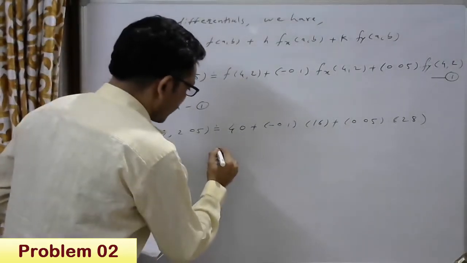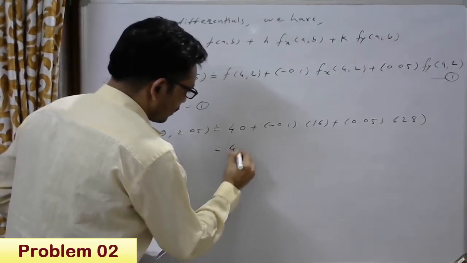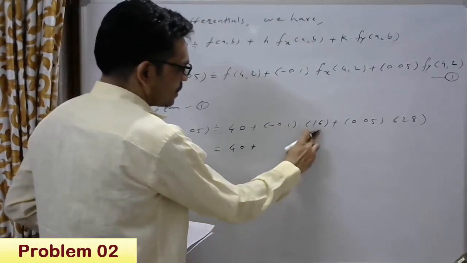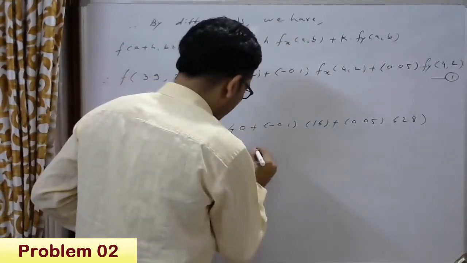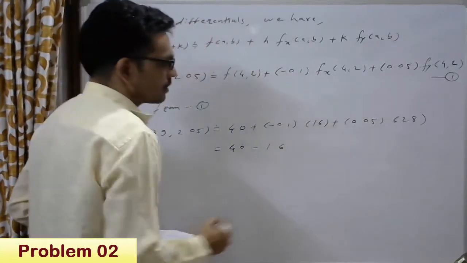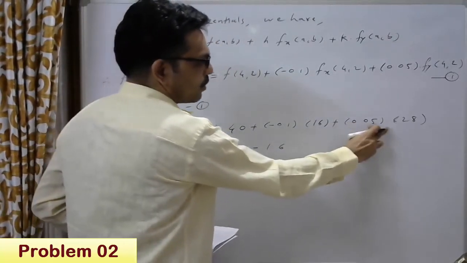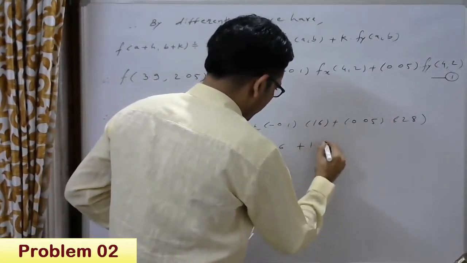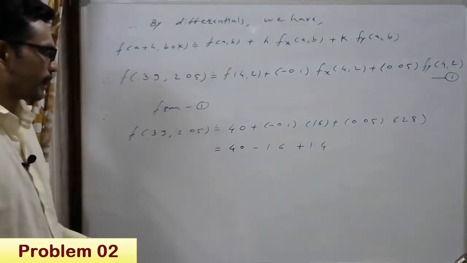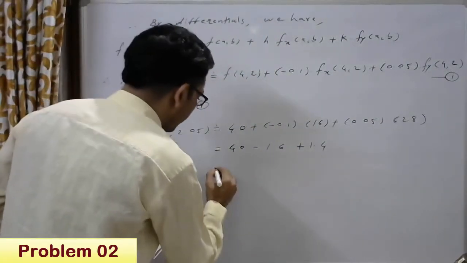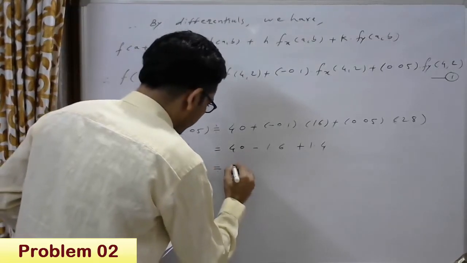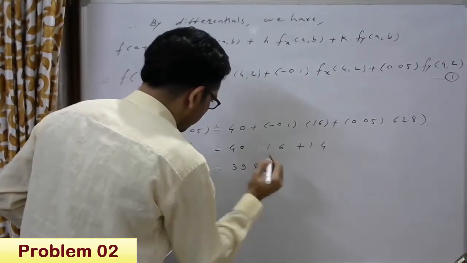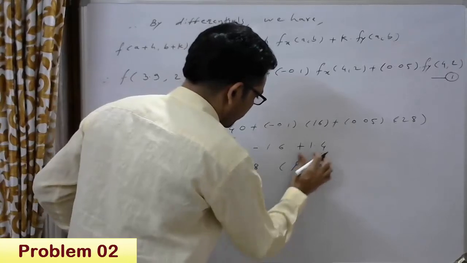Then this is approximately equal to 40 plus minus 0.1 into 16, which is minus 1.6, plus 0.05 into 28, which is plus 1.4. Then by simplifying we get approximately 39.8. This is the approximate value.